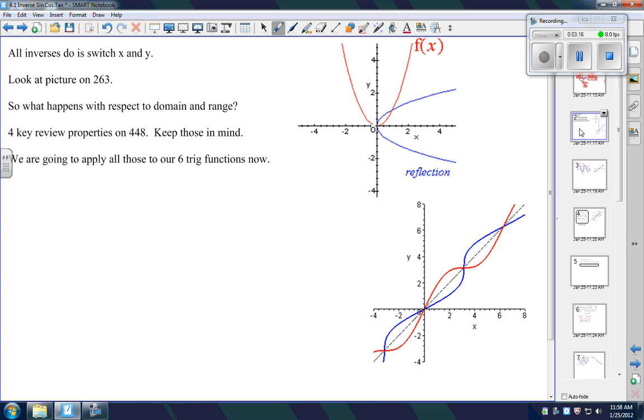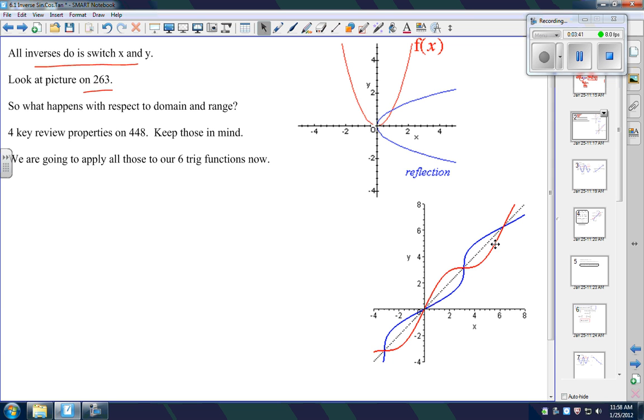If we look at here, I found a couple pictures of inverses for you. So inverses switch the x and the y. As you'll remember, there's a picture on 263. Okay, I Google imaged a couple here. The red one is your original parabola. So the inverse is the sideways parabola guy. Okay, this guy here, so here's a red one.